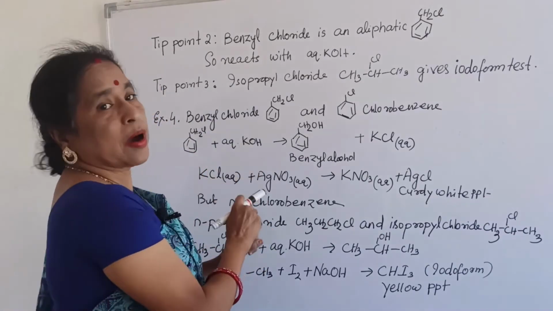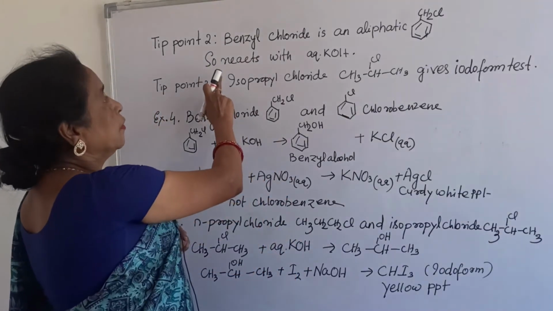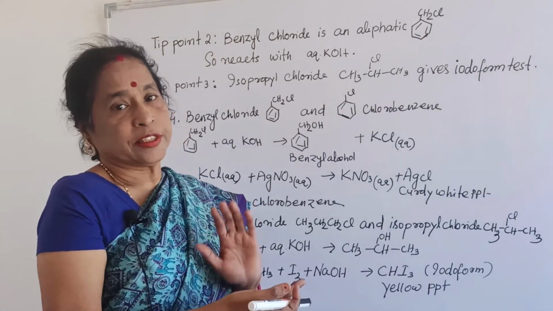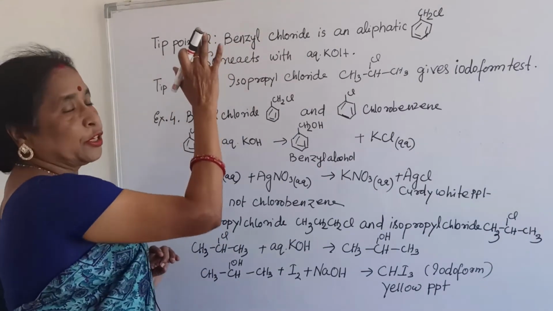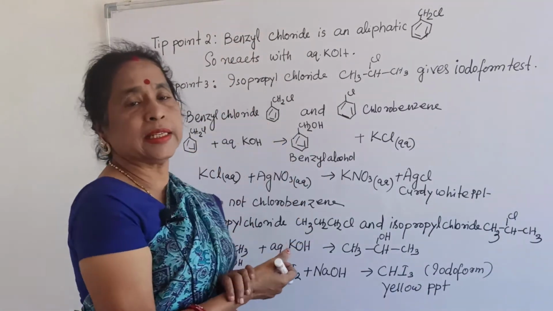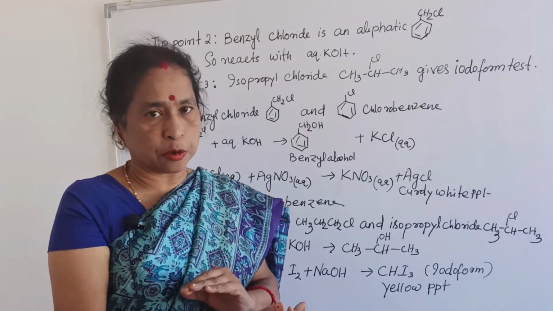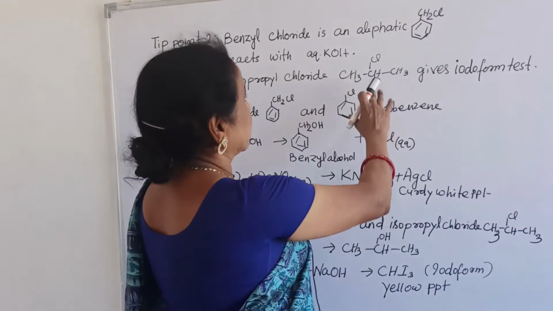That is one type of haloalkane, so it will react with aqueous KOH and give the silver nitrate test. It reacts with aqueous KOH and silver nitrate and gives the cloudy white precipitate.